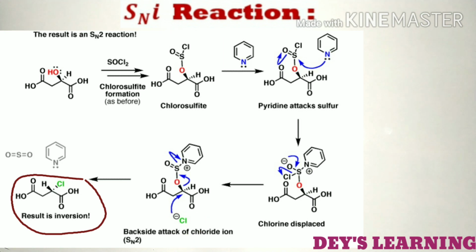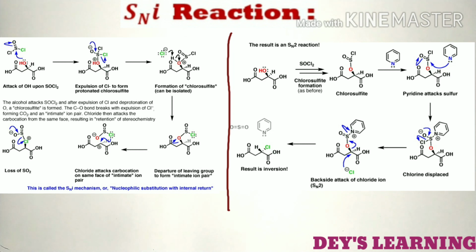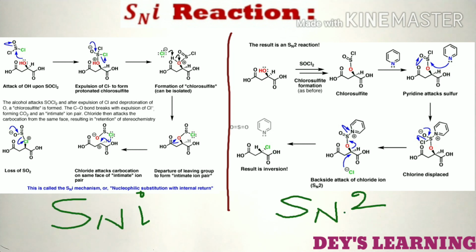Now what is the role of pyridine here? Actually, if we closely look at here, when there is no pyridine, this carbon-oxygen bond was cleaved, and thus these two ions remain as an intimate ion pair, and the Cl minus attacks from the same side from which the leaving group leaves. But when pyridine is present, the pyridine molecule is a stronger base, so it attacks the sulfur atom to cleave the pi bond, and Cl minus ion leaves from the substrate.